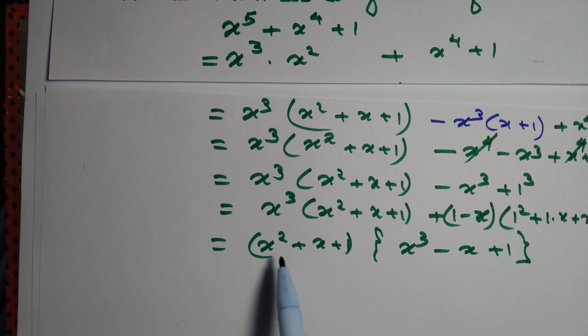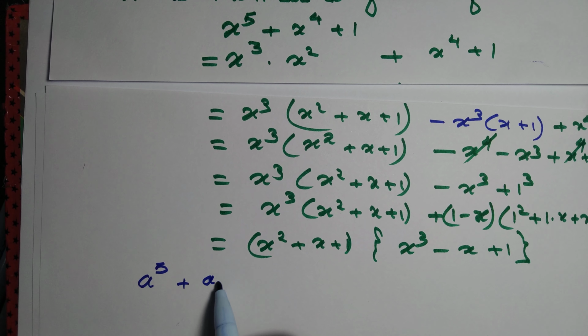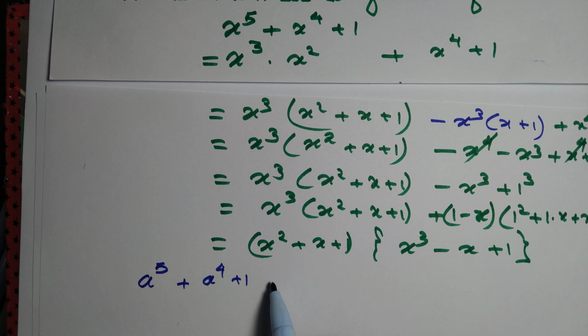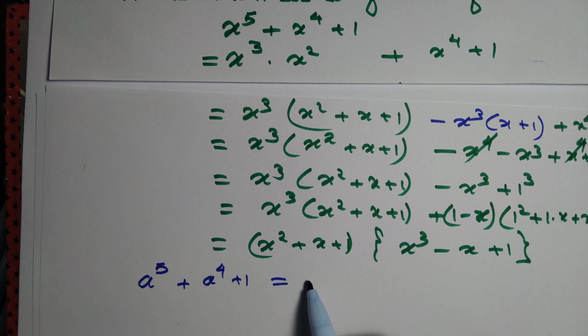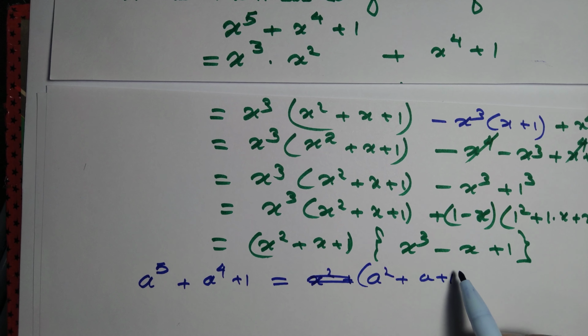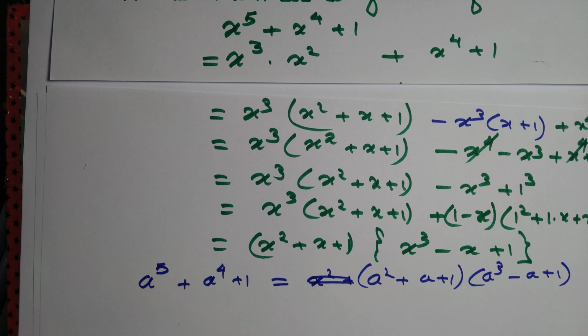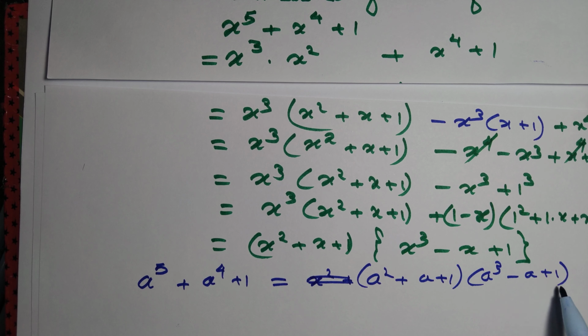So we have obtained the factors of a to the power 5 plus a to the power 4 plus 1 as a squared plus a plus 1 whole thing into a cube minus a plus 1. Can we factorize this expression?